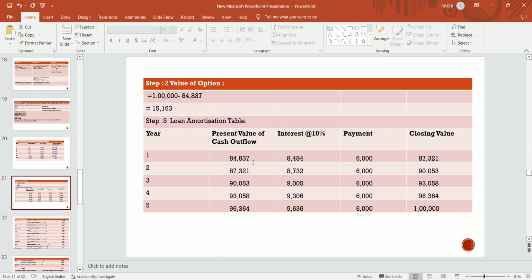This becomes the opening balance in the next year, and interest is calculated at 10%, that is 8,732. Payment is 6,000, and the closing value becomes 90,053.